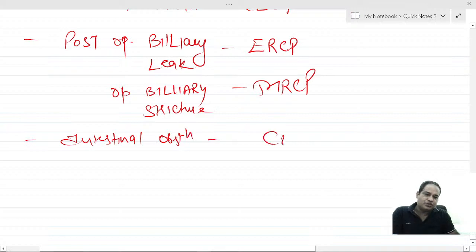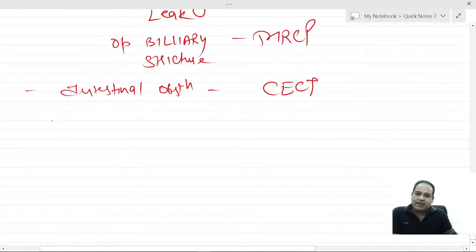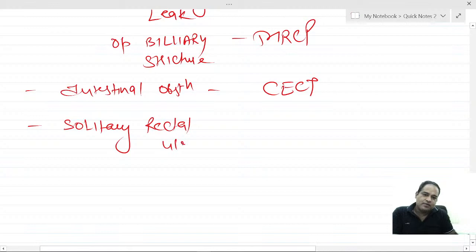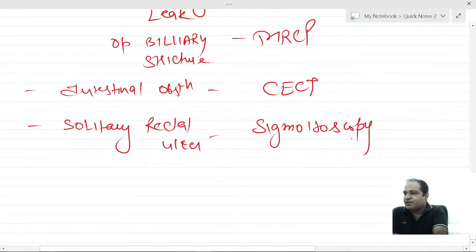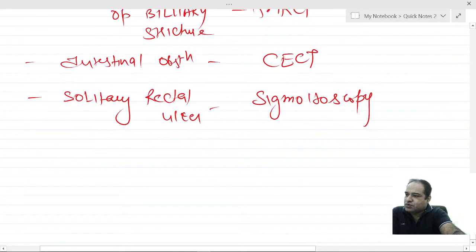Intestinal obstruction, it has to be contrast CT. Solitary rectal ulcer, it has to be sigmoidoscopy.